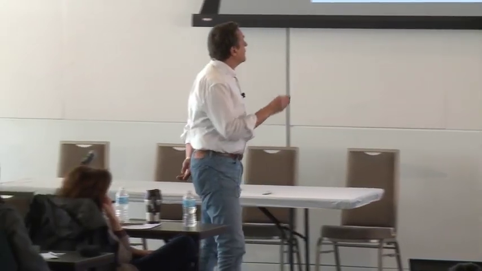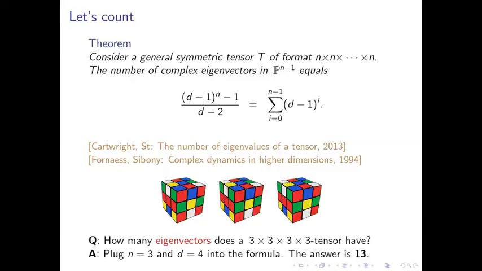The number of eigenvectors is 13. Here's a way to visualize this four-dimensional tensor. It has 81 entries, and you slice it into three-dimensional tensors.